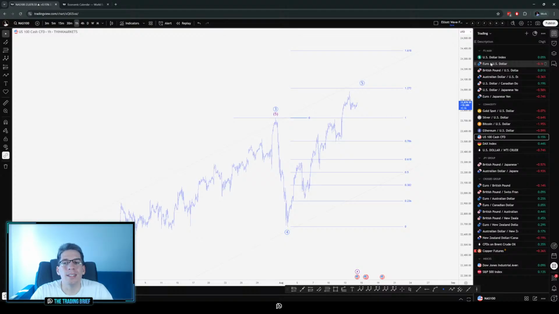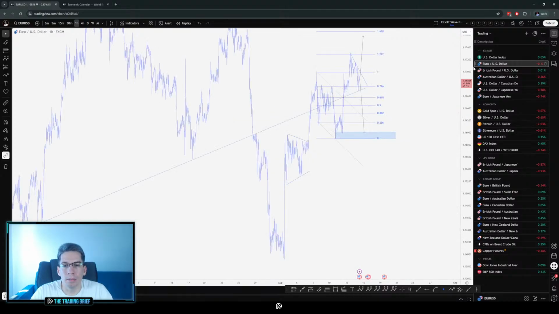It's because we said where we had that in the Euro USD. The minimum that we can expect after a flag is to see the break here of that start of the flag. After that, the ideal targets should be around 127.2 and 1618 for me.